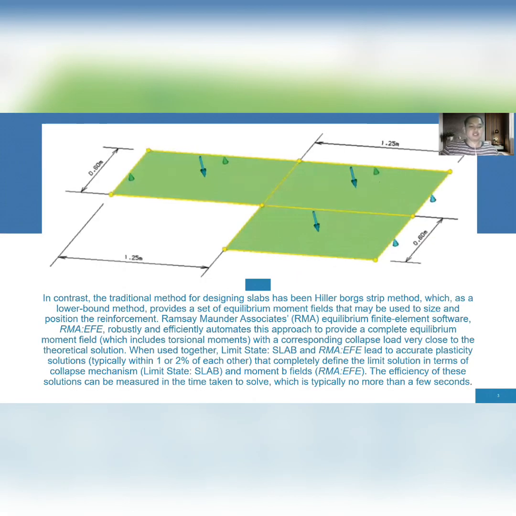In contrast, the traditional method for designing slab has been Hillerborg's strip method, which, as a lower bound method, provides a set of equilibrium moment fields that may be used to size and position the reinforcement. So the Hillerborg strip method is the traditional method of designing slab.